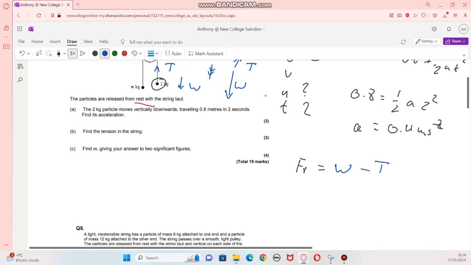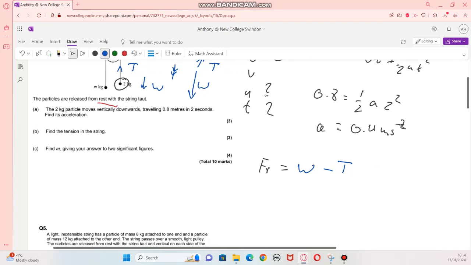That gives us our initial equation. Since resultant force F = ma, we have ma = mg - T, where mg is the weight.